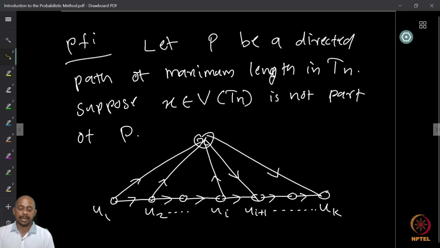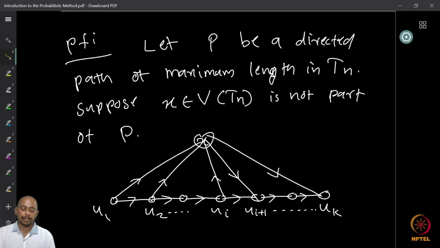So when it changes the direction, I have a path from U1 to UI, then UI to X, there is an edge, then X to UI plus 1, there is an edge, and then UI plus 1 to UK.